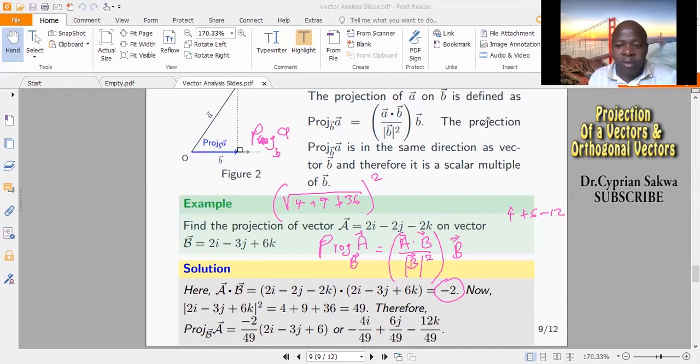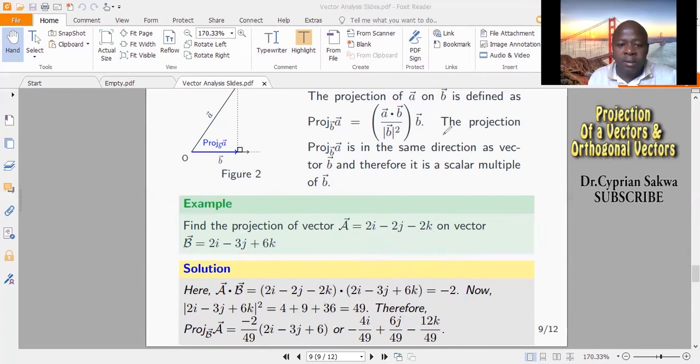So that's how you find the projection of a vector on another vector. Just as an exercise, try and find the projection of B on A, using the same equations.